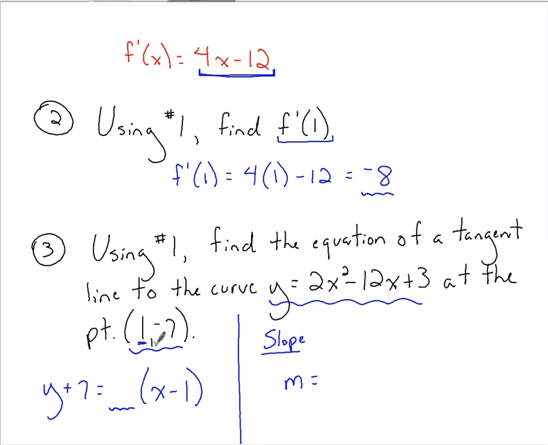You take 1, you plug in. Of course, we already did this in number 2, right? We're going to get the same answer back, which is negative 8. Meaning our slope for this equation of a line is negative 8. The derivative gives us the slope formula.